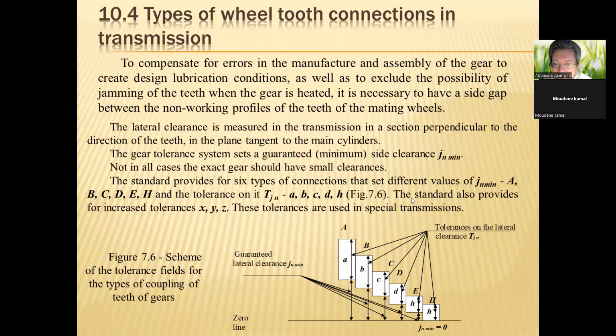The standard also provides for increased tolerances x, y, z. These tolerances are used in special transmissions. Now, please write down in your notes figure 7.6, this scheme, and use the zero line and tolerances of the lateral clearance.